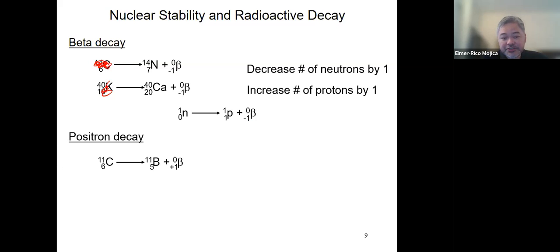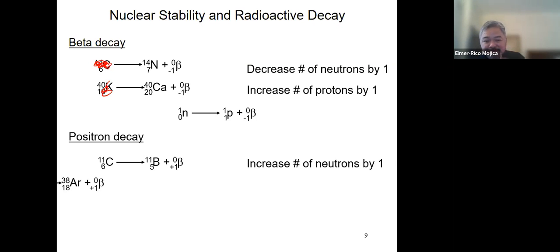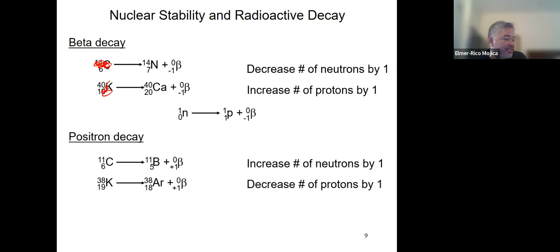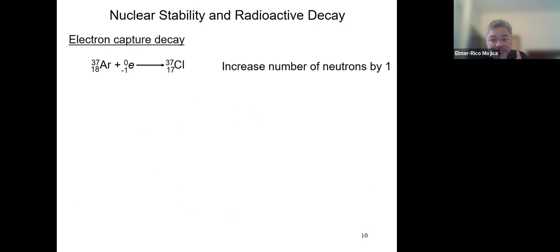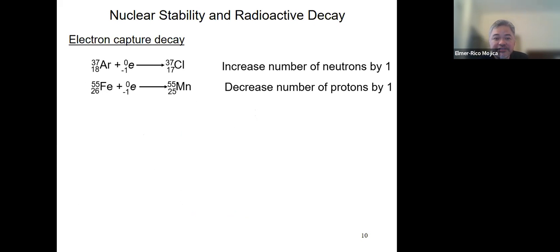Now, if you have a positron decay, it's the same thing. Instead of a negative one, you produce a positive one. The way you look at this, you swap this with this one: one proton producing a neutron and a positron. This is the type of question that you will be given in the final exam.